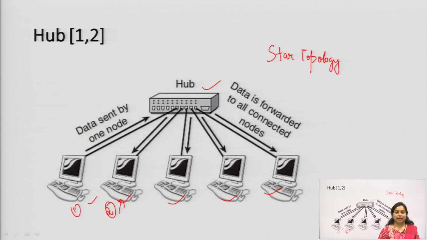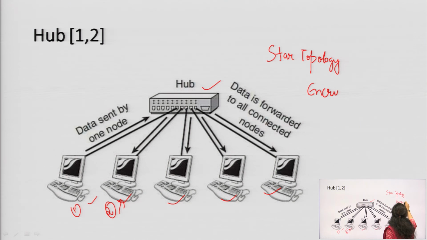So, in both cases, when the hub or any intermediate node is involved, there is definitely a problem of security, because that third party or the intermediate node is going to see what information you are transmitting. To overcome that security problem, you can use encryption at the transmitter side and decryption at the receiver side. What is encryption?